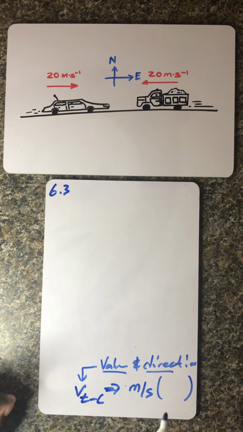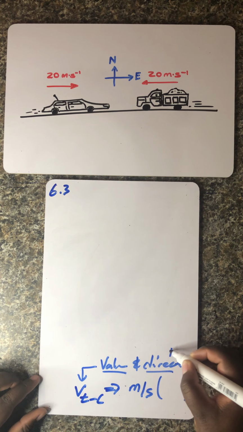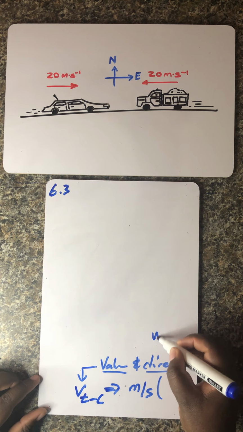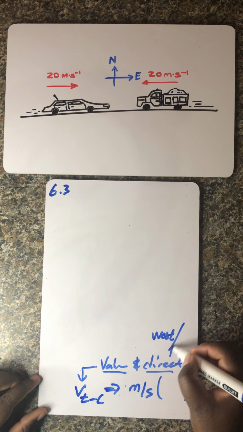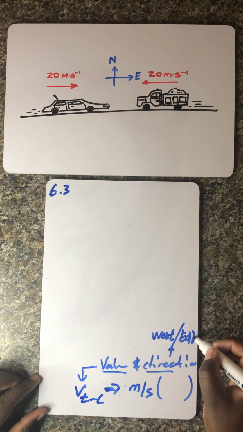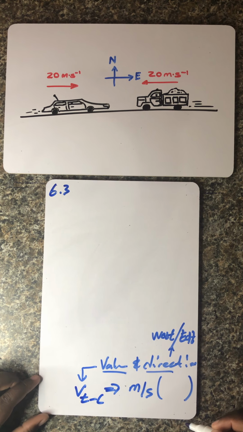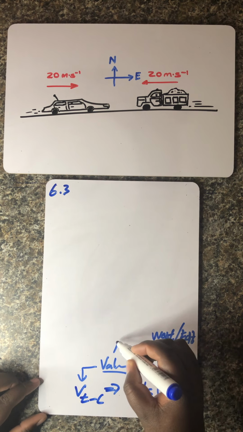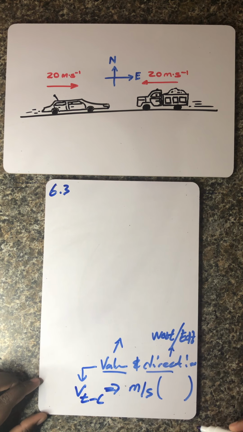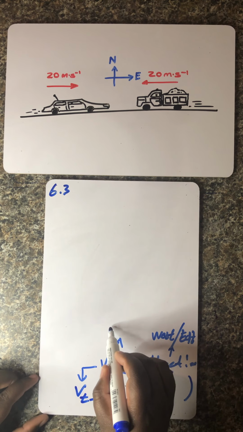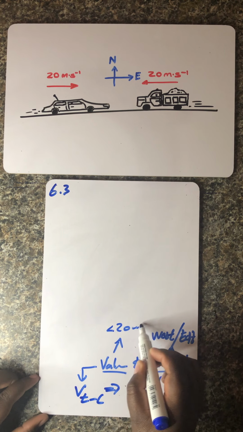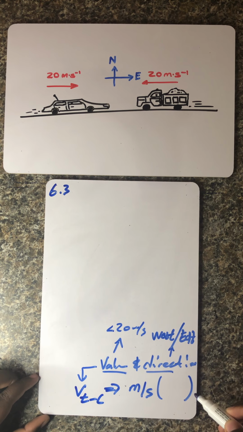So obviously, guys, for the direction, you must have either westwards or eastwards. Very, very important. The other important thing is that your velocity must be less than 20 meters per second.